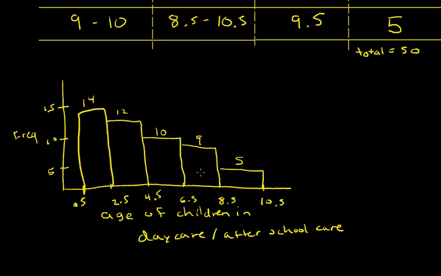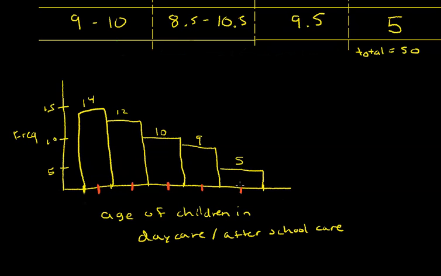We could do this exact same graph using class midpoints. It's very similar. So I'm just going to go ahead and use my eraser. If I were to erase the boundaries, everything else is going to stay exactly the same, except I'm not going to label the boundaries of the bar. Now I'm going to label instead the midpoint of the bar. Right here in the center, I'm going to label these midpoints of the bar.